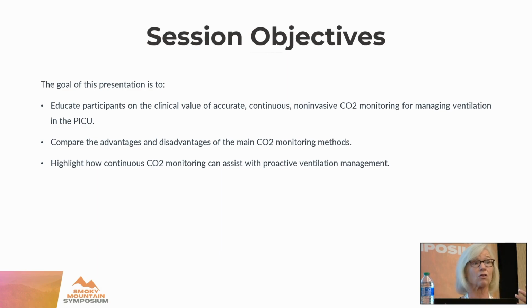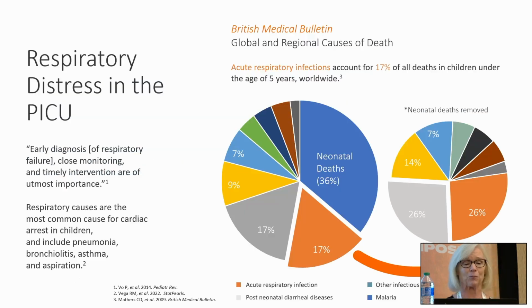Are you guys doing adults? Is that what everybody's doing? Okay, that is so good to know. I can tailor this down so that it's going to be relative to your practice in the adult ICU. I will be referring to PICU a lot, but we will all start thinking about how this would relate to adult care. And what about students? How many students do I have? I had talked to a few yesterday. I guess they're all, okay. All right, well, good to know.